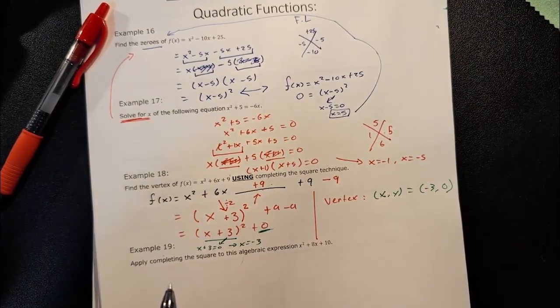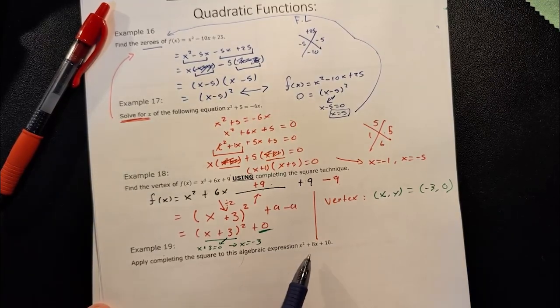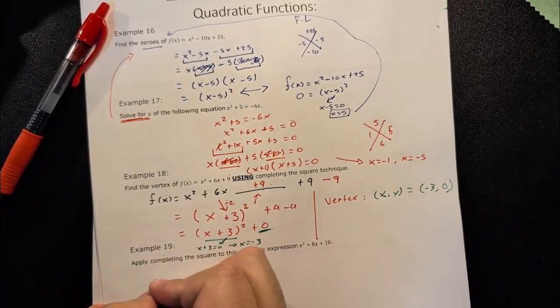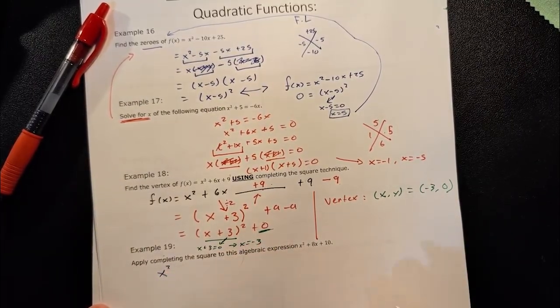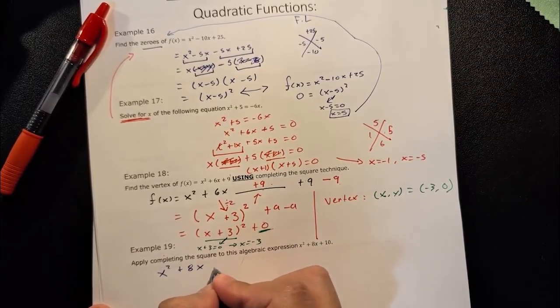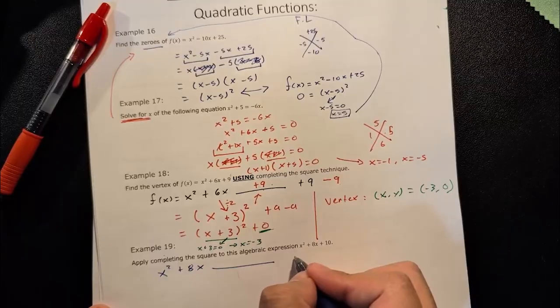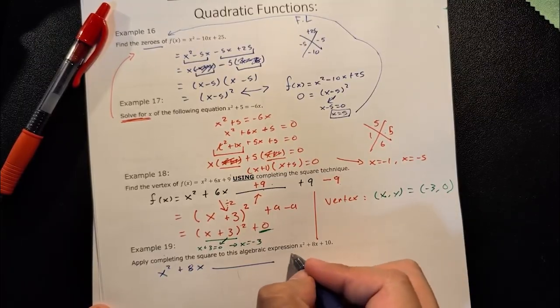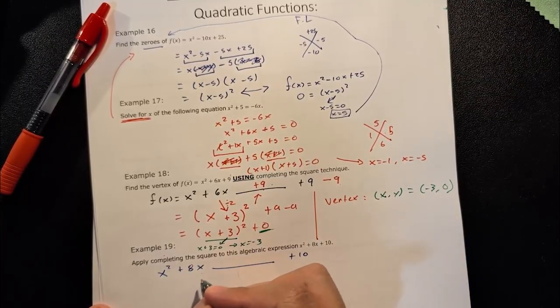Okay, number 19, apply completing the square to the algebraic expression x squared plus 8x plus 10. Okay, so we're going to do x squared plus 8x and then space and then plus 10. So I'm going to divide by 2.